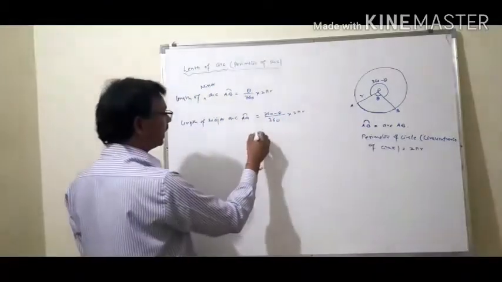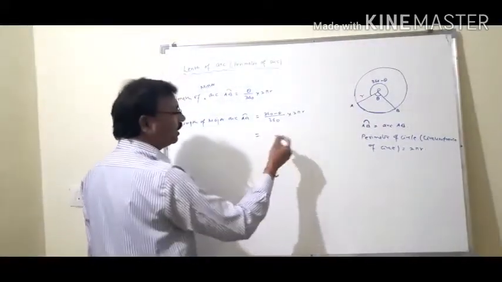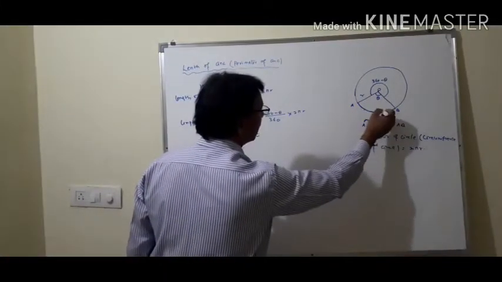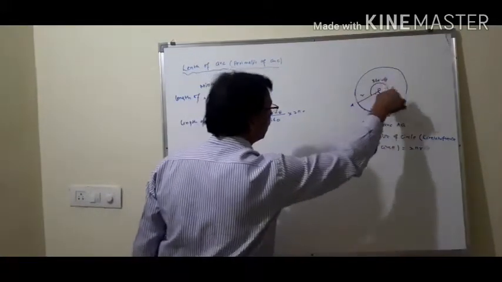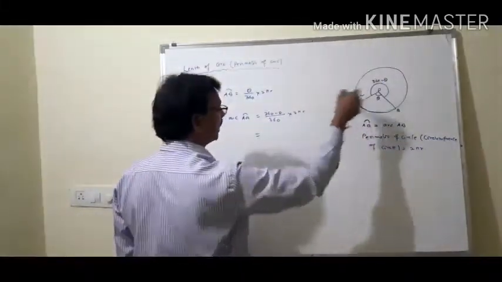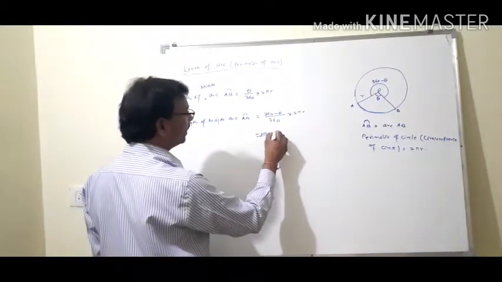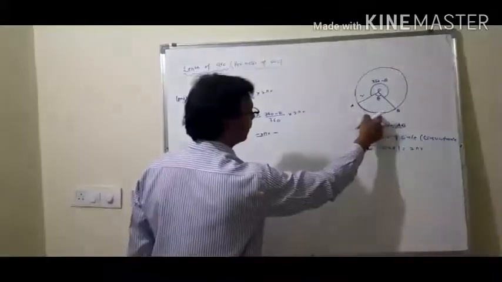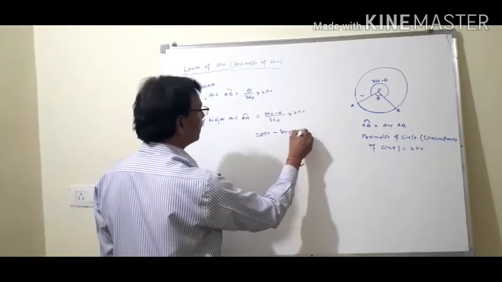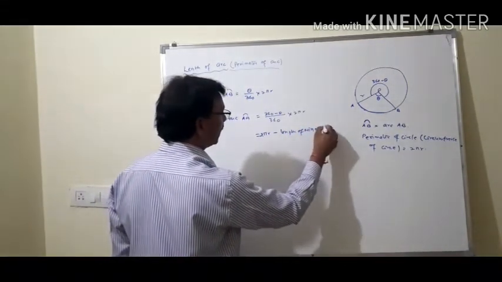We can also express this in another way. If we subtract the length of AB, the minor arc, from the whole circumference of the circle, then we can find the length of the major arc. That means 2 pi r minus the length of minor arc AB.